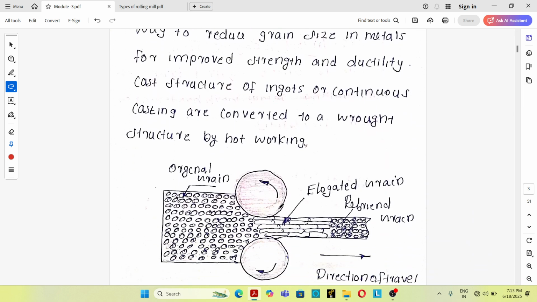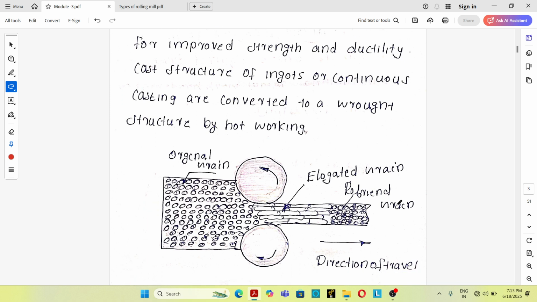This is the diagram of the grain structure in a hot rolling process. This is the stress zone or rolling zone.